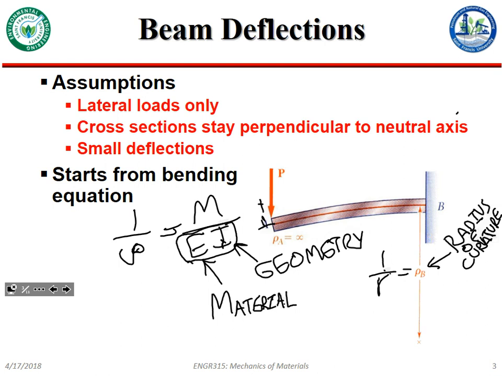Because we know that stiffness is directly related to both the actual stiffness of the material, so its modulus of elasticity, but also to the area distribution. So often you'll hear about something called bending stiffness, and what they're referring to is actually the product EI.